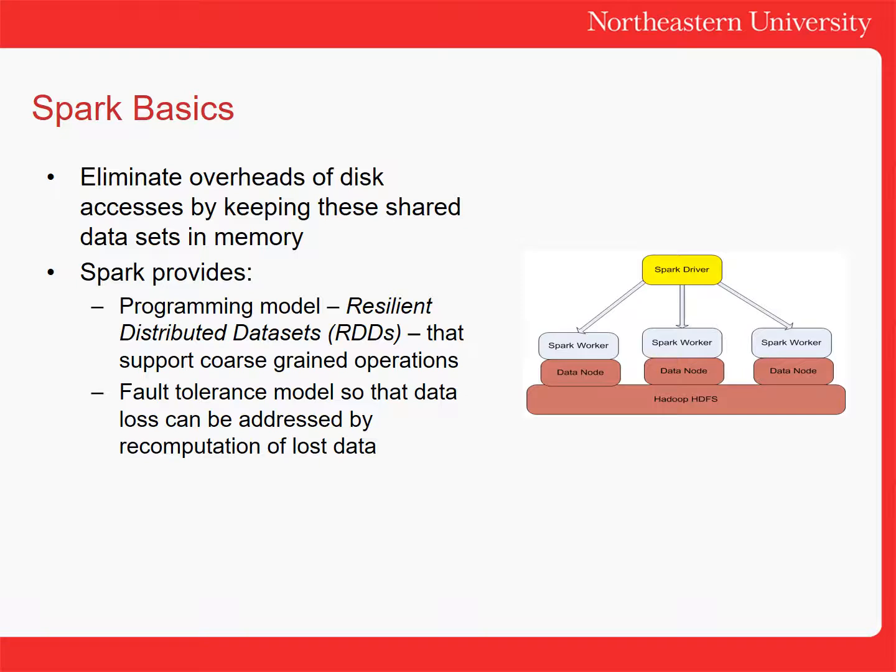Once the data is in memory, it can be transformed and then analyzed by the code that you submit to each worker. But RDDs are essentially immutable. So you load them into memory and then you transform them into potentially other RDDs before you actually do processing on them.